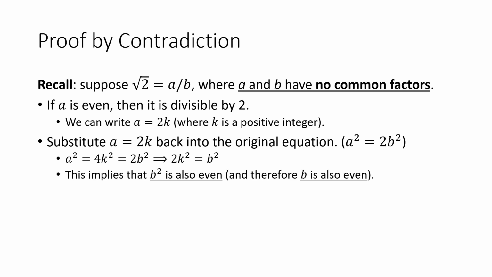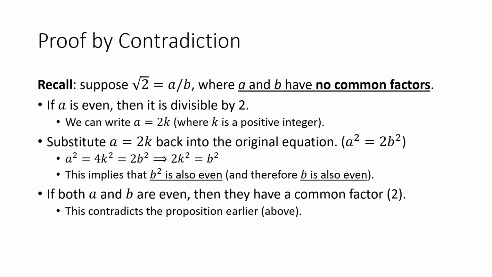Now, this implies that b squared is even, and by the same logic, we can say that b is also even. But wait, if both a and b are even, then they have a common factor, which is 2. Remember that we started this line of reasoning by assuming that a and b have no common factors.